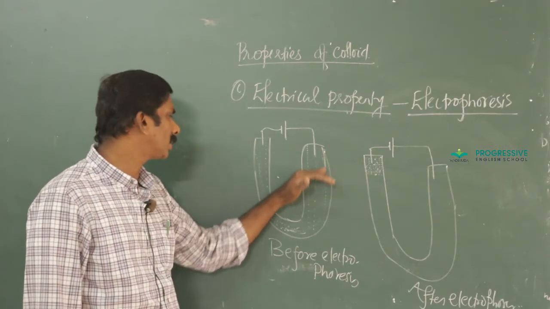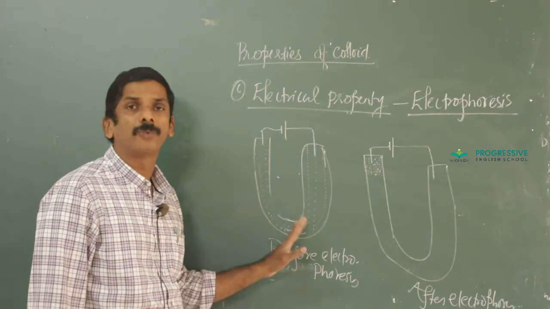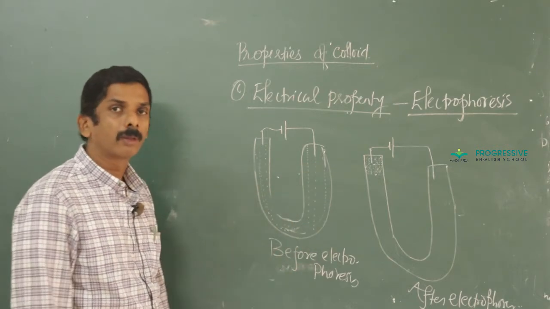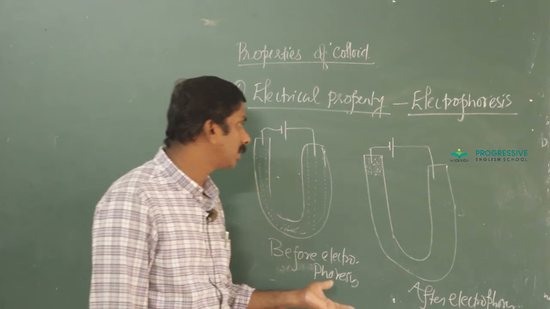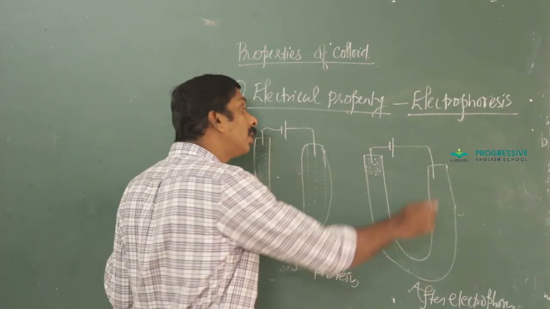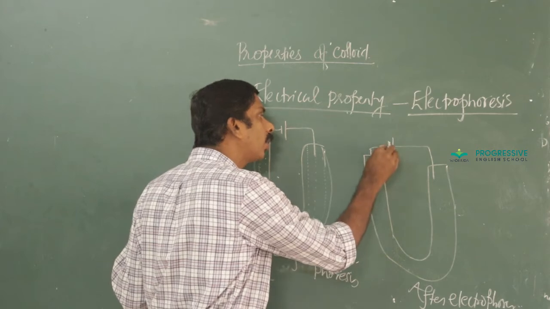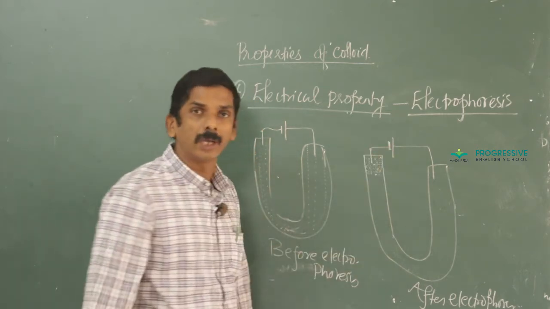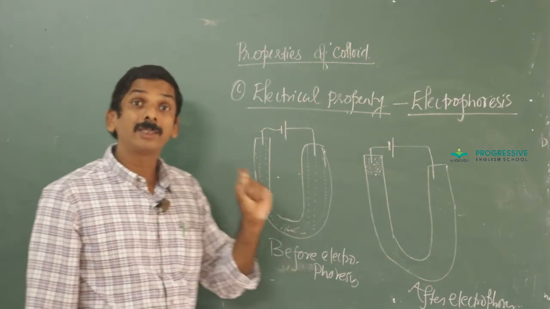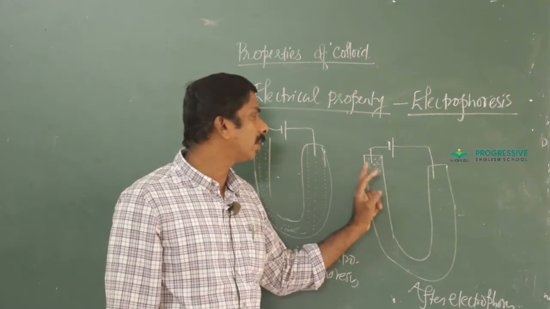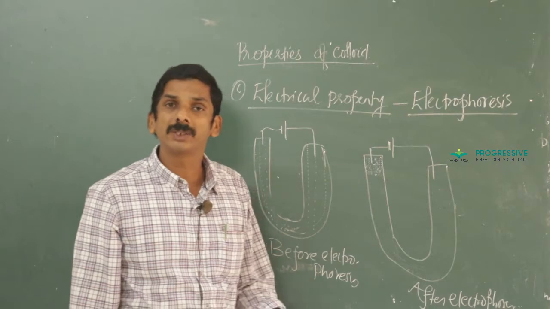Before electrophoresis, colloidal solutions are almost uniformly distributed in the U-tube. After electrophoresis, what happened? All these colloidal particles migrate towards cathode. Therefore, it is cataphoresis. And also, the charge on the colloidal particle is positive.